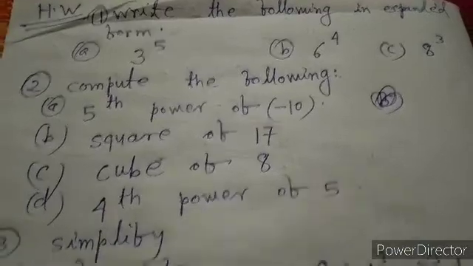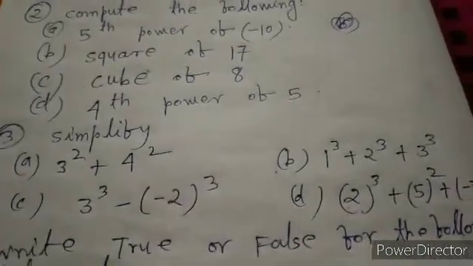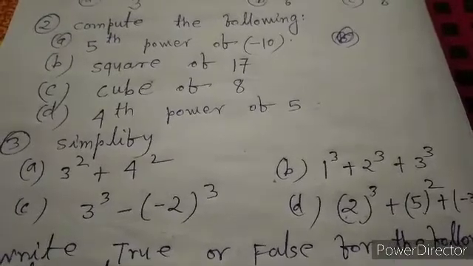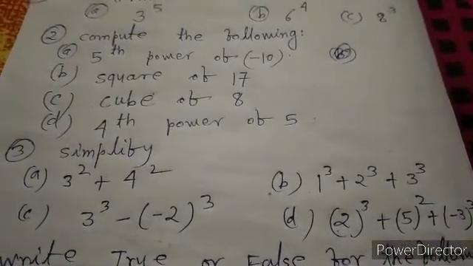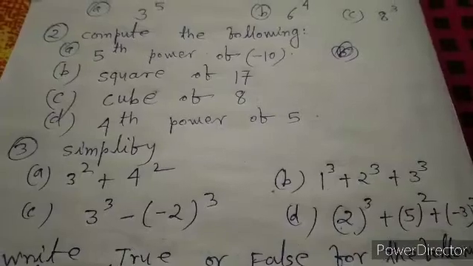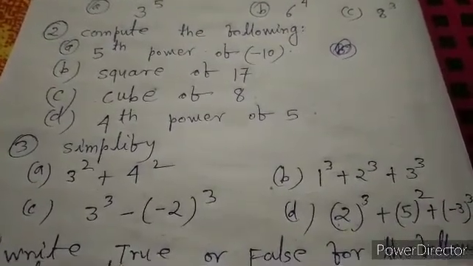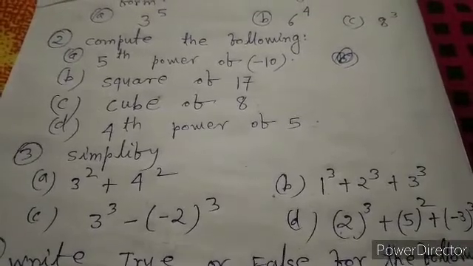Question 3, simplify: A 3 square plus 4 square, B 1 cube plus 2 cube plus 3 cube, C 3 cube minus, in bracket, minus 2 cube, D 2 cube plus 5 square plus minus 3 whole cube.